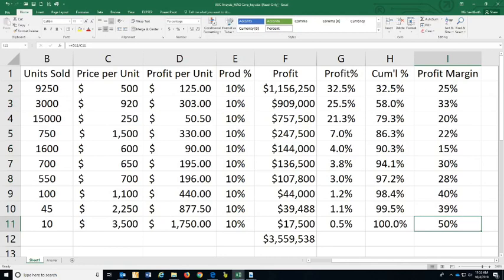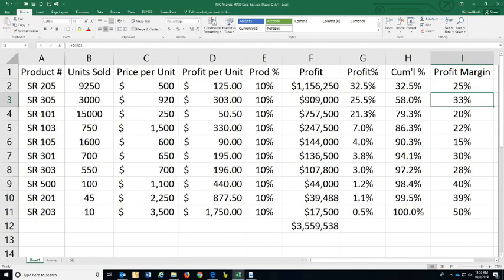We only sell 10 of them, but we make 50% profit on them. It's not just the profit margin, though. Notice that the one that generates the most dollars of profit has a lower profit margin than the one that generates the second highest. But it's the volume. So it's a little bit of price, and it's a little bit of volume.